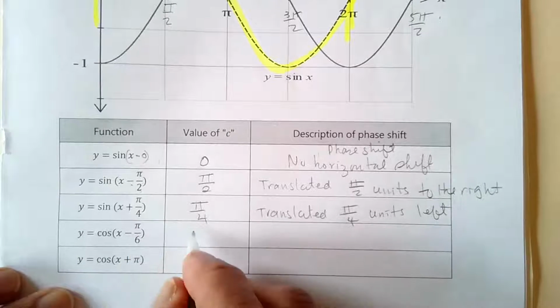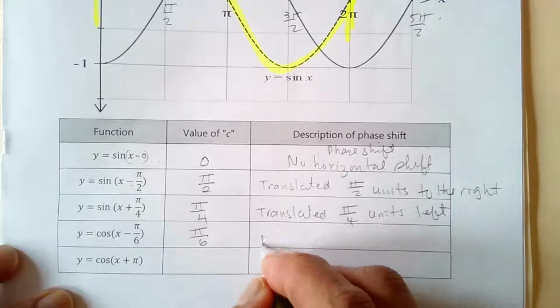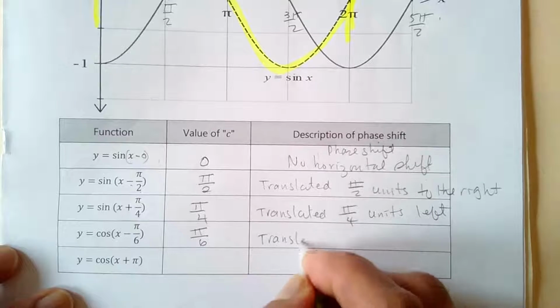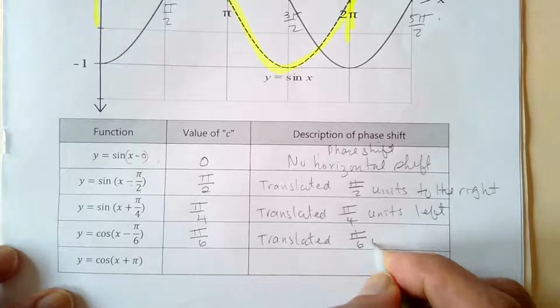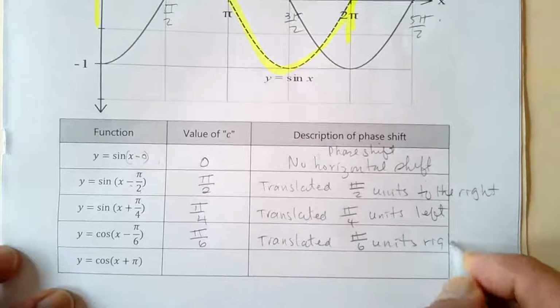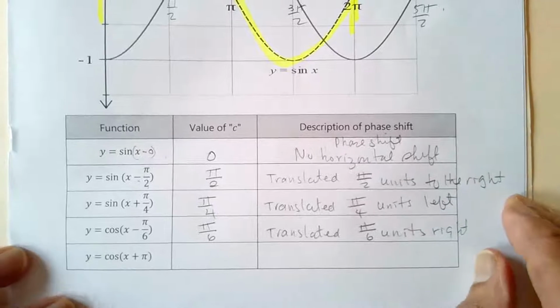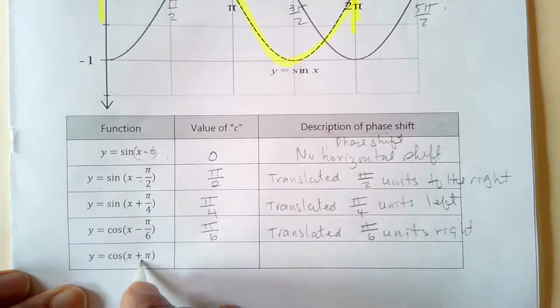Now, here C is pi over 6. It doesn't matter if it's cos or sine. So this is translated pi over 6 units right. And the last one is pi.